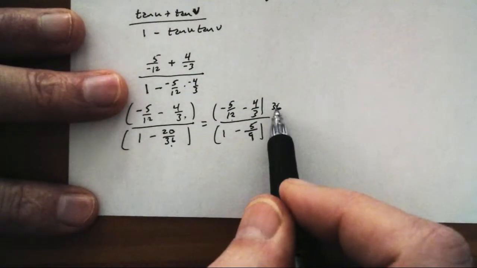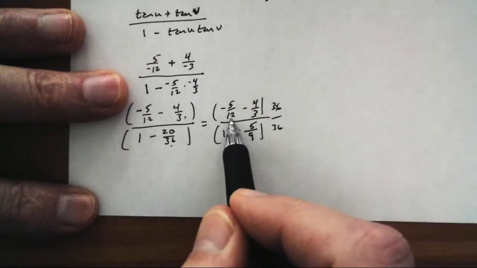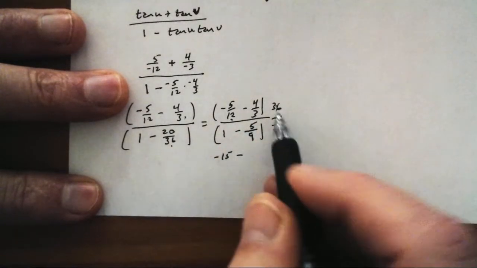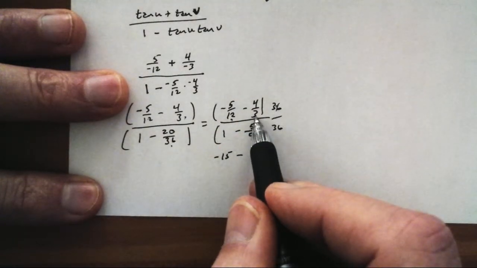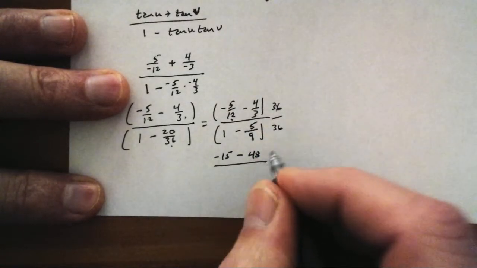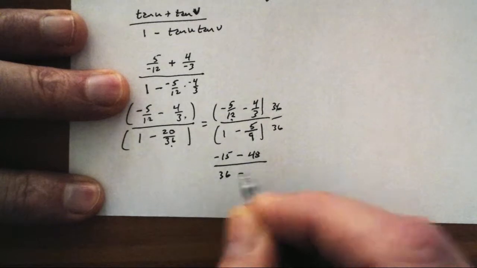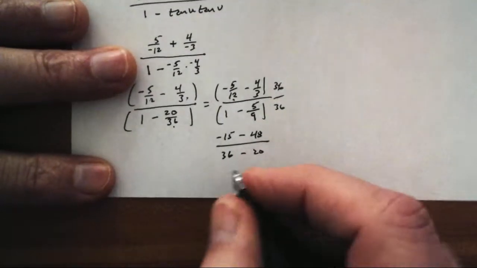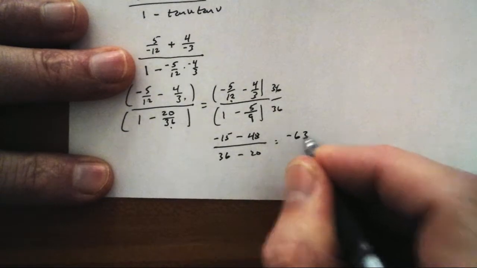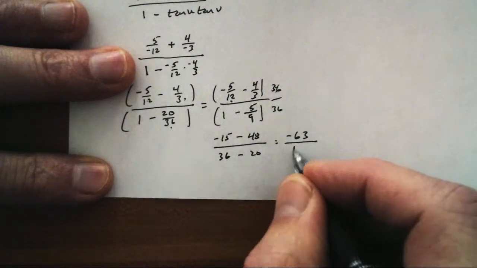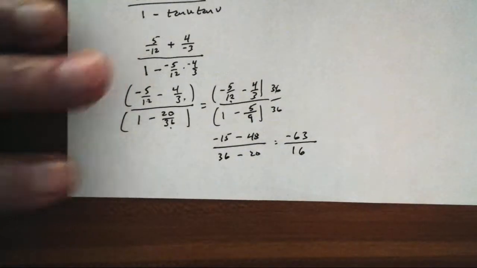And let's see, when I distribute, 36 and 12 reduce to 3 times negative 5, negative 15, minus 36 and 3 reduced to 12 times 4, 48. 36 and 9 reduce to 4, 20. I get negative 63 all on 16.